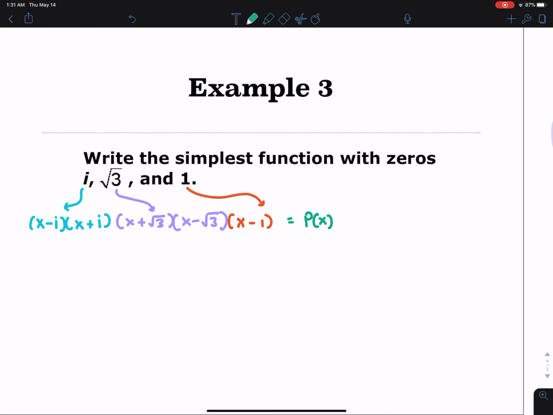So my biggest suggestion that I could give you for this, again, because multiplication is commutative, is multiply common or alike expressions together first.